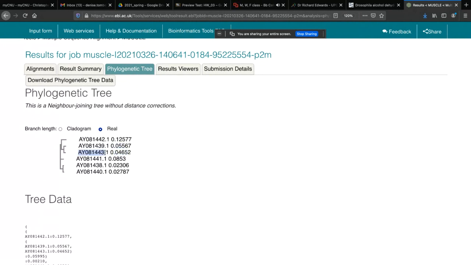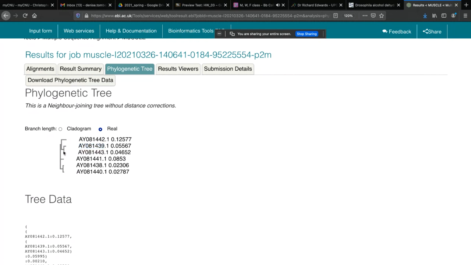So this means that whatever this sequence is, it's more similar to the ancestor than this one is similar to the ancestor. So you could think there was an ancestor to both of these, and this one has a shorter branch, so it's closer to that node, which means that it's more closely related to the ancestor than this one.